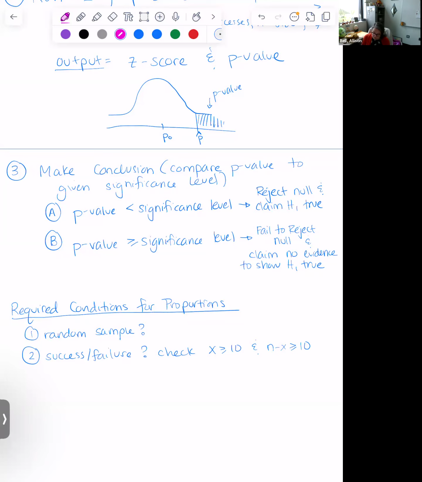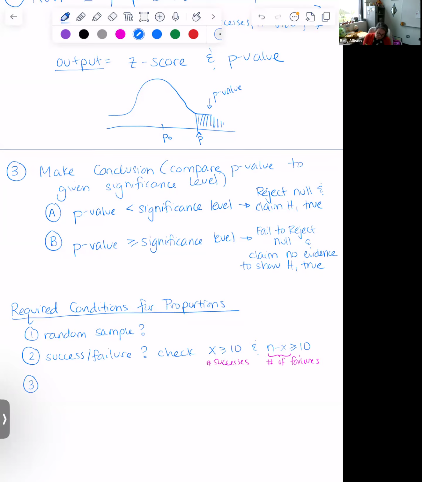So X is always the number of successes. So N minus X is going to be the number of failures. Is the sample size minus the people who said yes. That should leave all the people who said no. And we want to make sure that both of those values are in fact greater than or equal to 10.